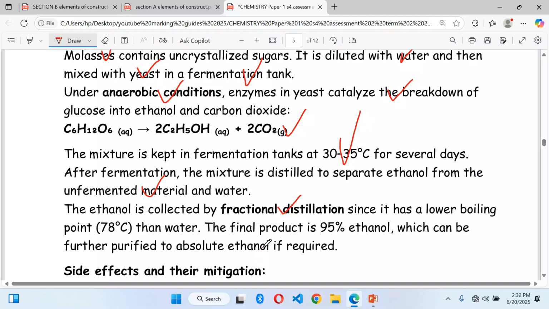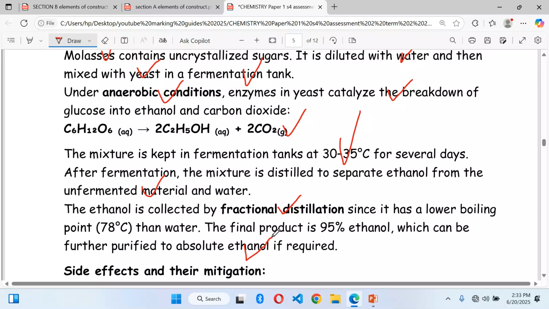So at this stage, we can now pack our ethanol and be ready for use. So that is manufacture. We're looking at here manufacture of ethanol from molasses. Molasses, this is a byproduct of sugar cane. Why are we doing it from the molasses? That is what the scenario required.